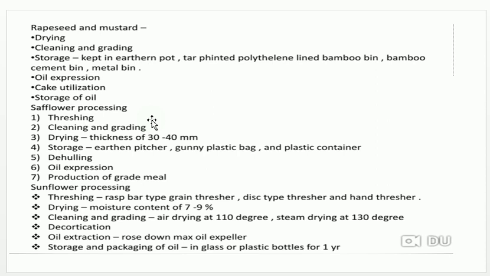After steaming, drying at 130 degrees centigrade is carried out. After that, decortication, that is removing of husk, is carried out. After that, oil extraction, generally done by a rotary oil expeller. And after that, storage and packaging of oil in glass and plastic bottles for 1 year.